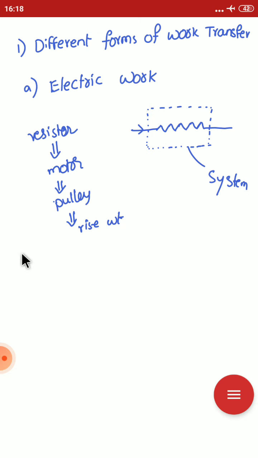Before the electric work, we need to know some important relations. Current I is equal to dC by d tau.